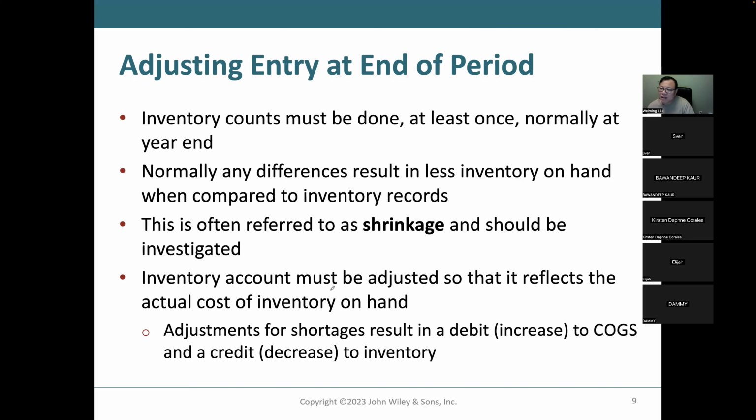The inventory balance has to be adjusted to reflect the actual inventory on hand, because if there is theft, you have to be honest because you don't have that much inventory. So you have to adjust your inventory account balance to reflect the actual level of inventory.